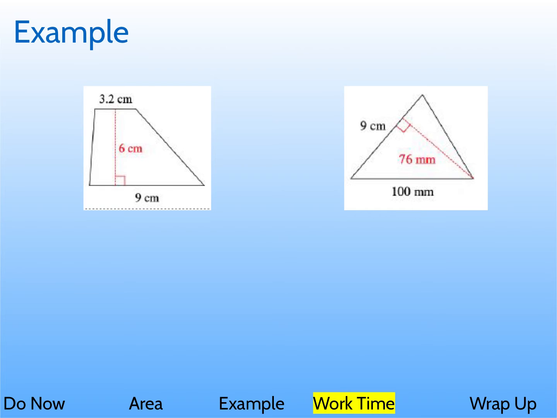All right, so let's find the area of these shapes here. First off, this first one is a trapezoid. So the area is base 1 plus base 2 divided by 2 times the height. All right, so base 1 and base 2, you can name either one. We'll go 3.2 plus 9 divided by 2 times 6.